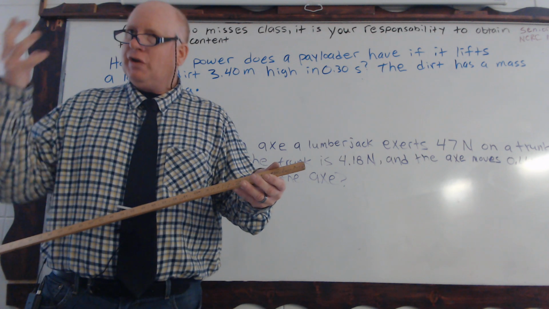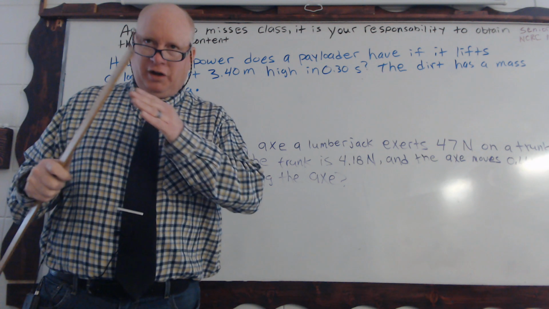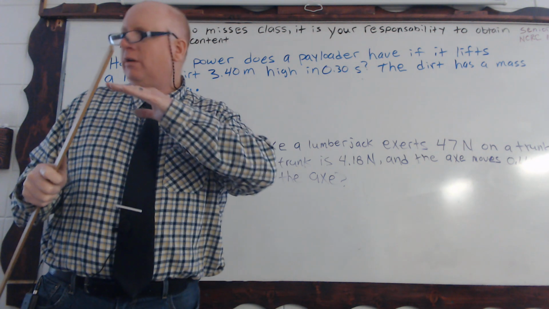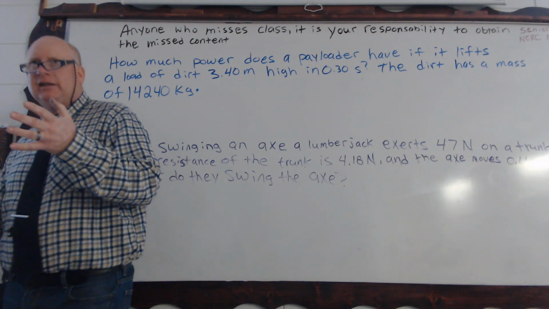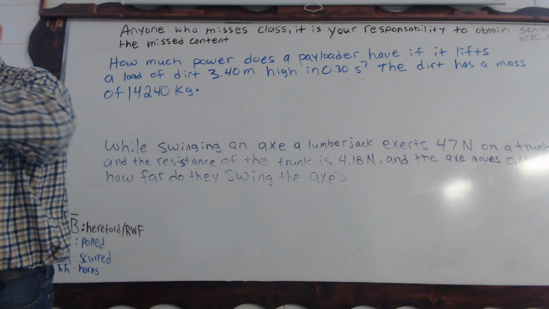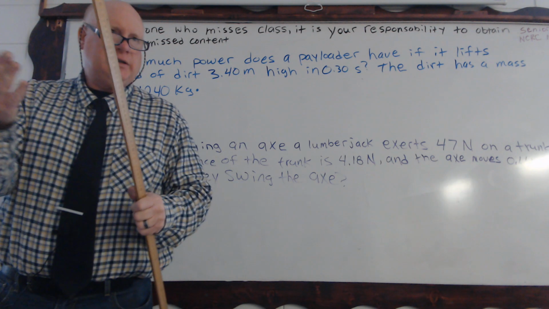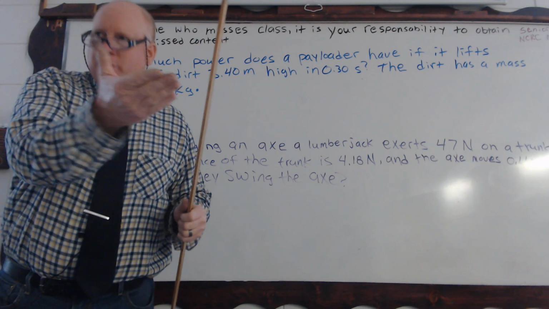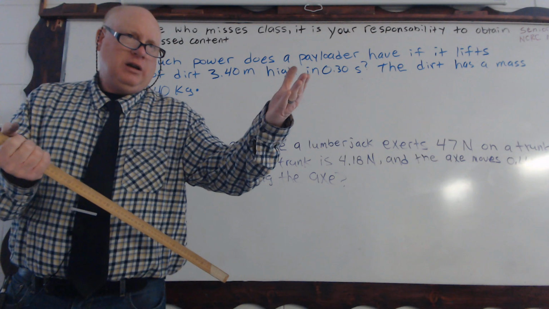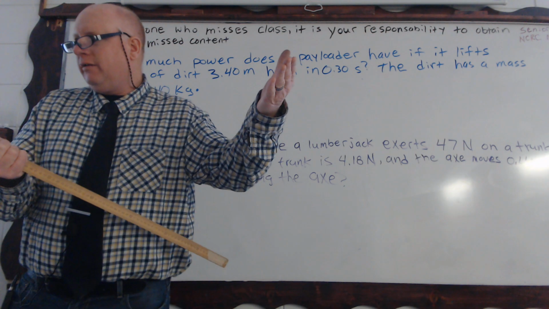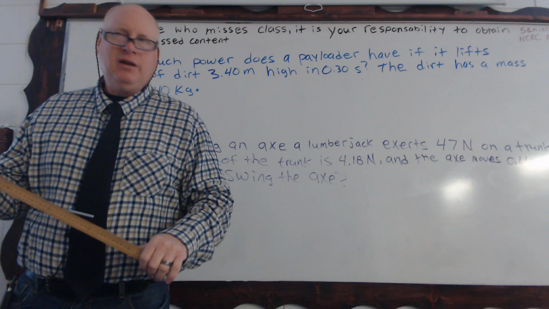So not only do you meet that resistance, but that will also travel into the trunk of the tree. When that axe goes in there, how does it keep going further and further in? It removes material as you go, correct?